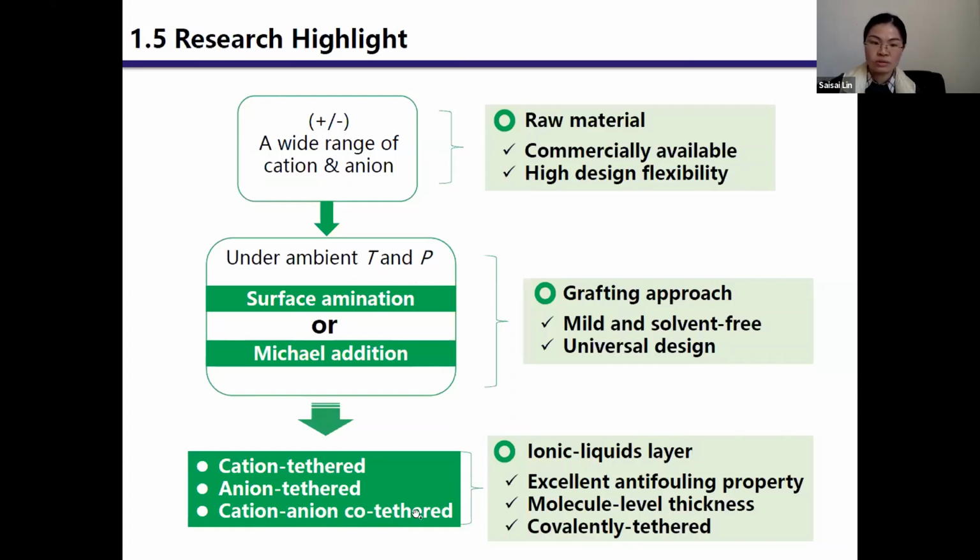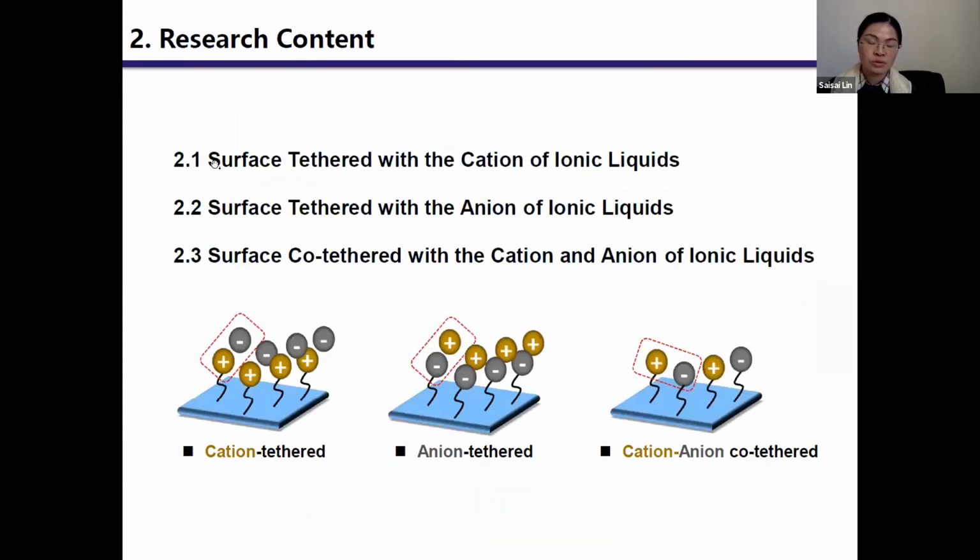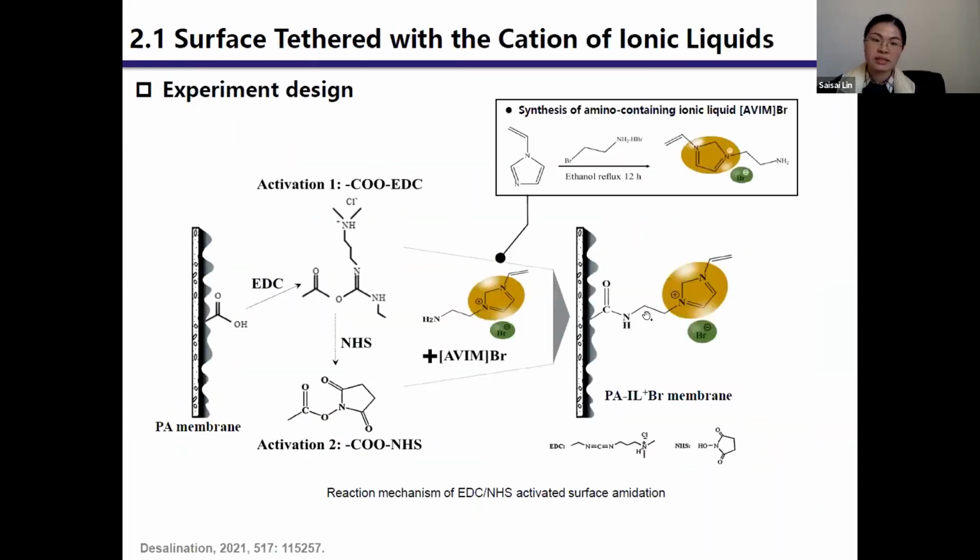So this work was carried out in three parts. First is the cation layer, second is the anion layer, and third is the cation and anion layer on the PA surface. The first part is grafting the cation layer to the membrane surface.